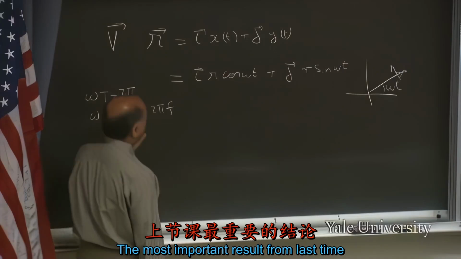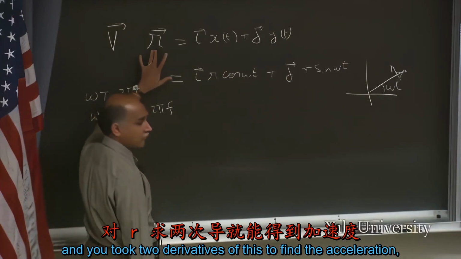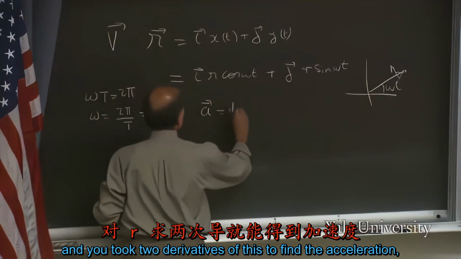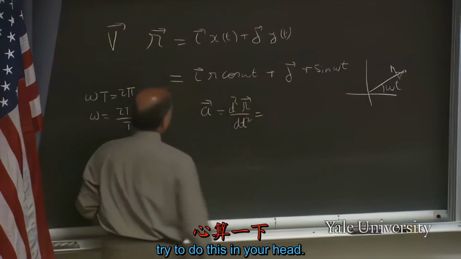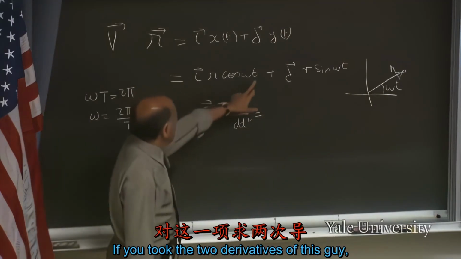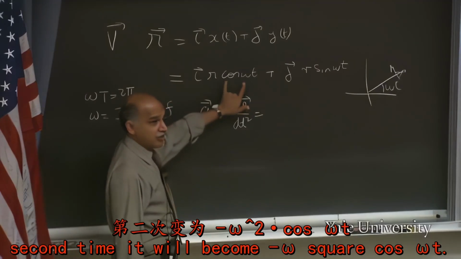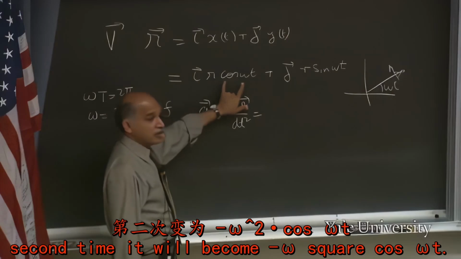The most important result from last time was that if you took this r and you took two derivatives of this to find the acceleration, d2r over dt squared, try to do this in your head. If you took the two derivatives of this guy, first time it will become minus omega sine omega t. Second time it will become minus omega squared cos omega t.